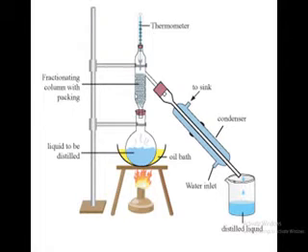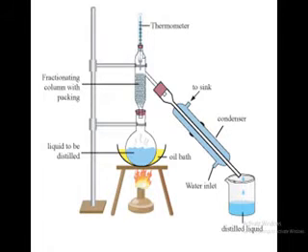The fractionating column consists of glass beads, and these glass beads provide a large surface area for vapors to condense on. How and why this is required, I'm going to explain further in the lecture. The thermometer is used to record the reading, and its bulb should be kept very close to the mouth of the condenser.